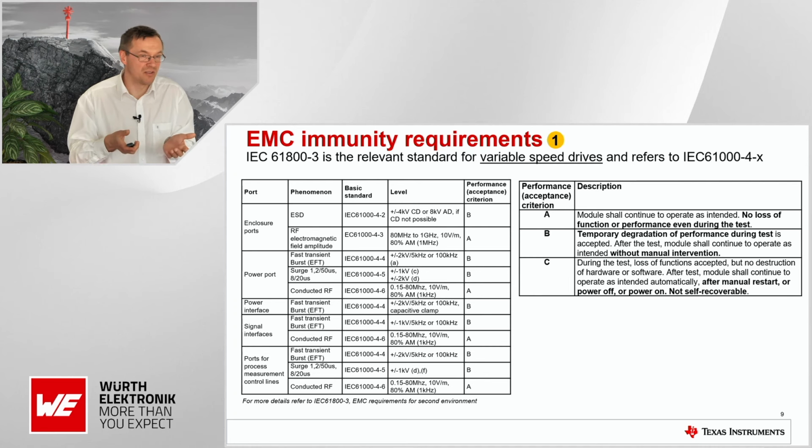But of course, in an industrial system, if you don't have any communication to the motor for a specific time window, this is not okay on a system level. So you need to show how you can achieve criterion A when doing these tests, because that's the only measurement that's important.